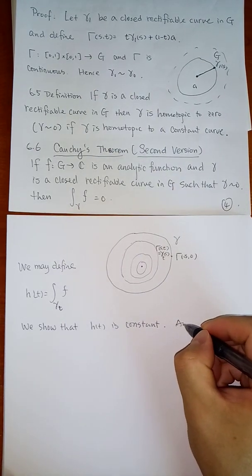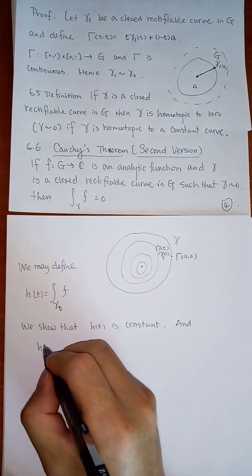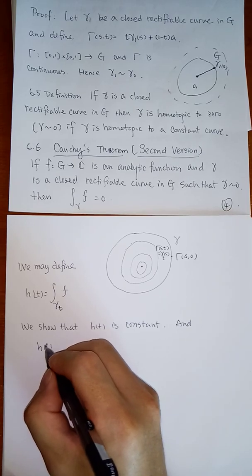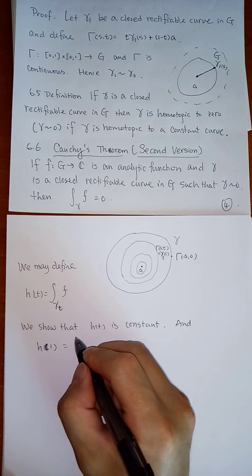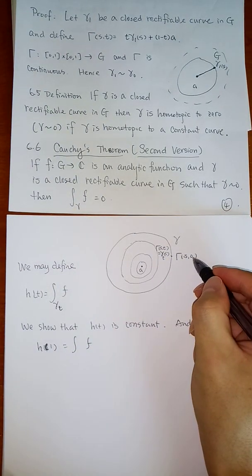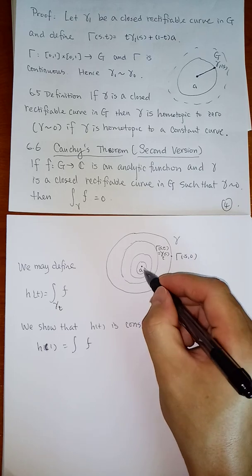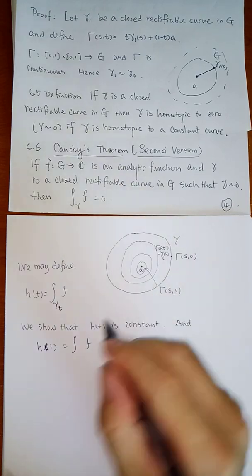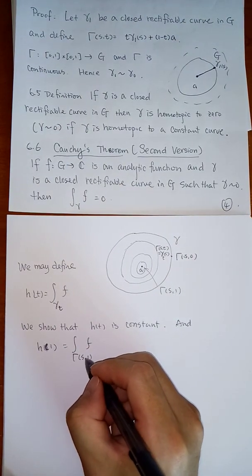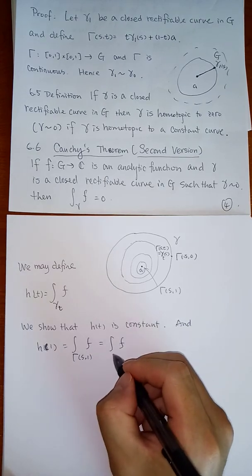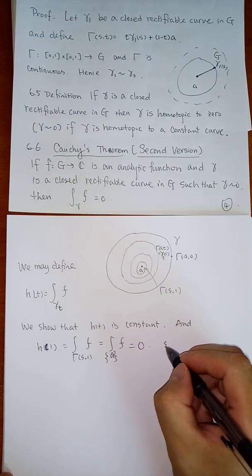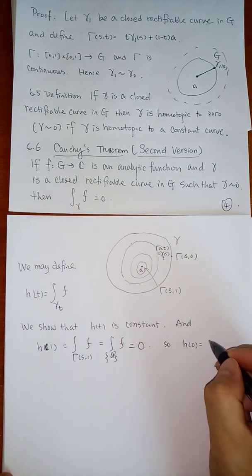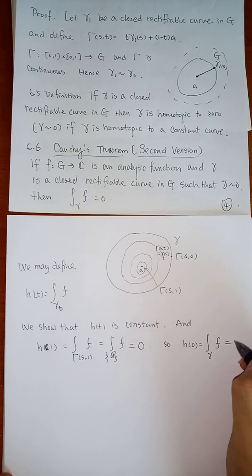Let's choose this point A. h of 1 is the integral of f. Here is gamma s 0, this is gamma s 1, the curve, and it is the integral over the point. The integral over the point is 0. So h of 0 is the integral along gamma, which is equal to 0. So that's a very straightforward idea.